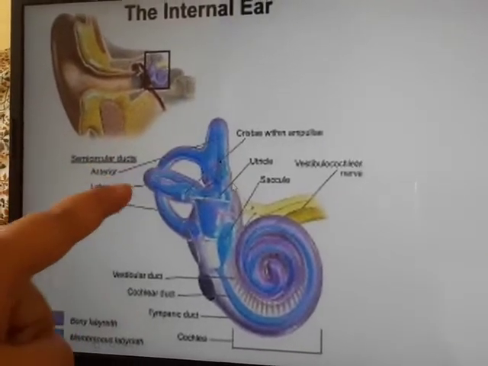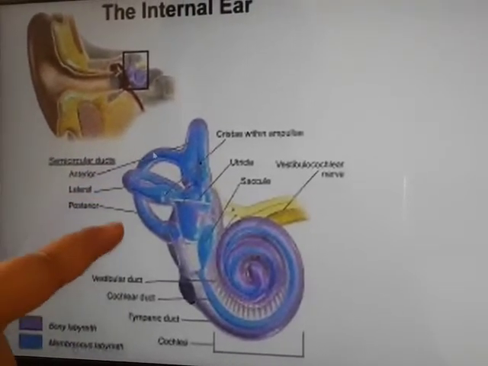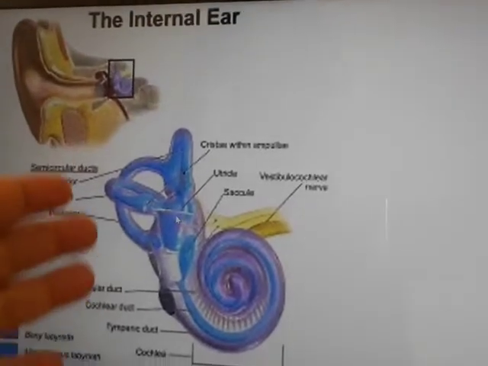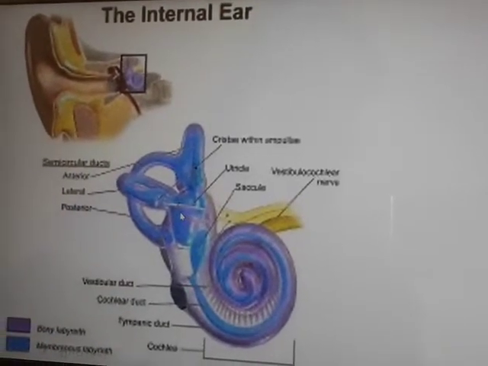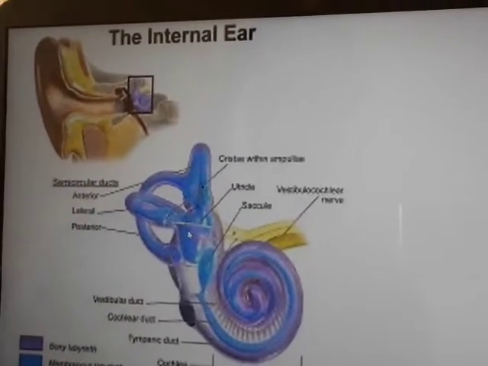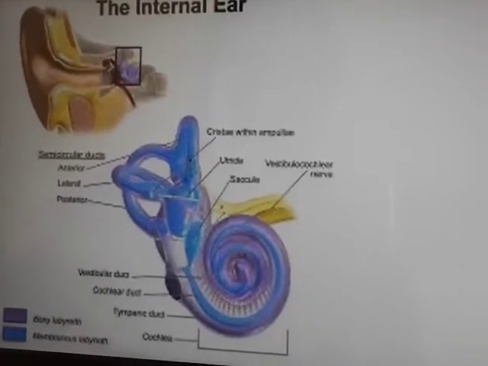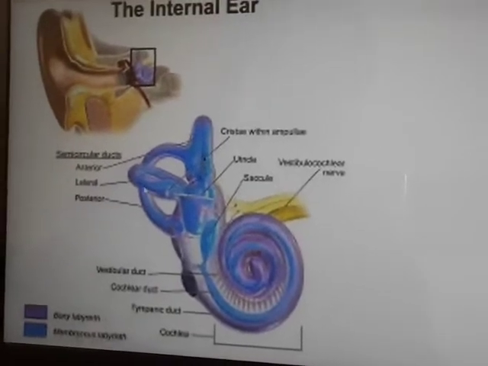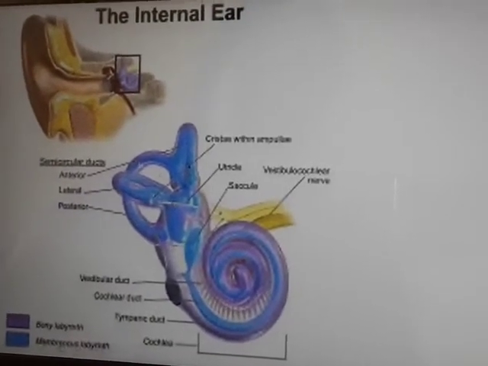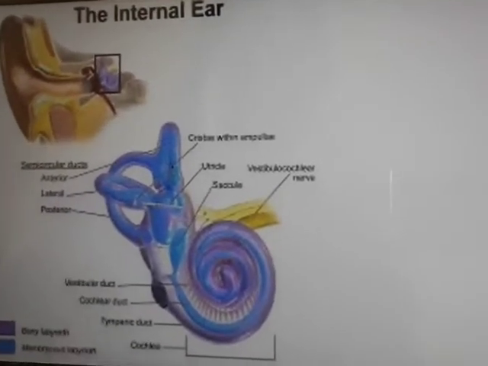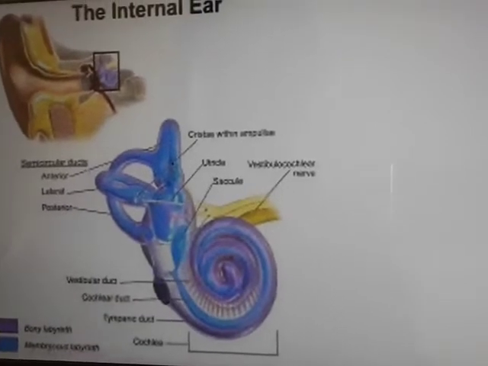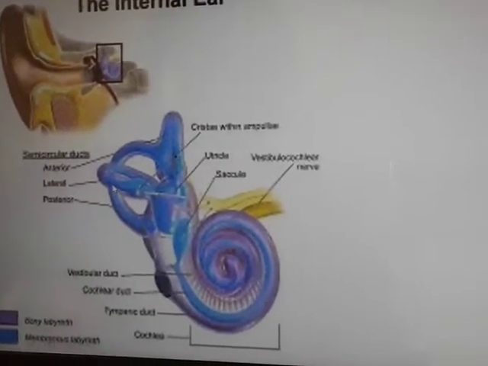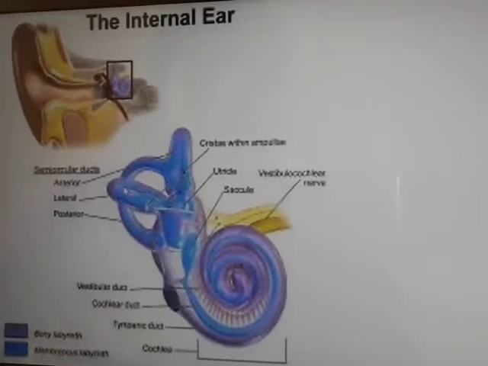These are the three semicircular canals, mutually perpendicular to each other, like electromagnetic waves, and these let us maintain body balance. So now you know why you feel dizziness when you rotate your head for a long time.